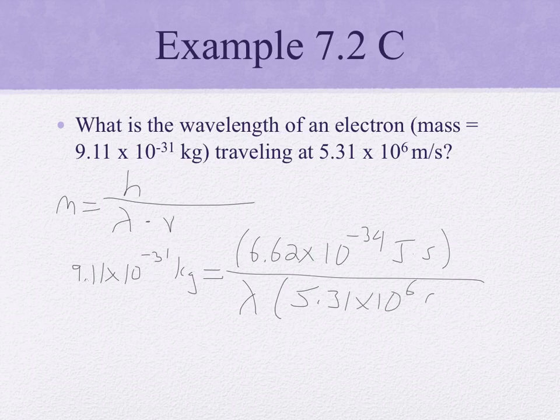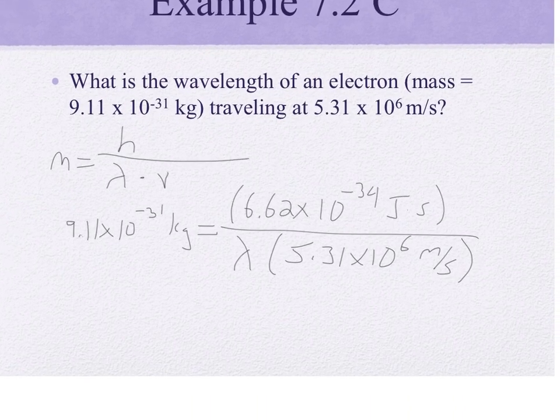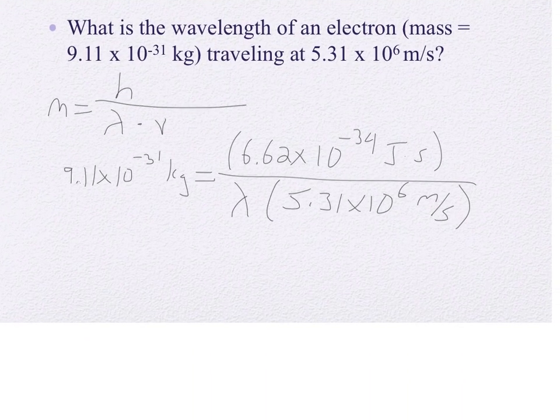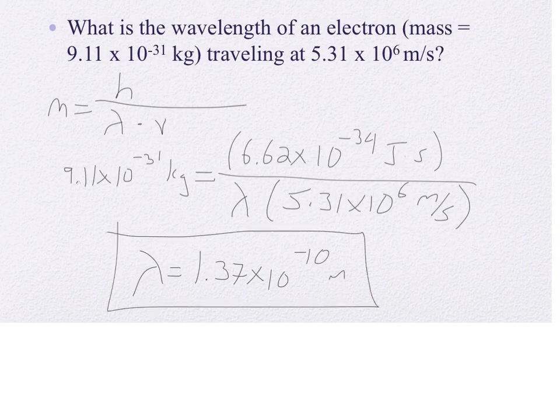That's not the speed of light, but electrons move really, really fast. We get a strange kind of answer. This electron, which has a very tiny mass and is moving very fast, has a wavelength of 1.37 times 10 to the negative 10th meters. I show you that because that exponent is very telling. This is about how big atoms are.